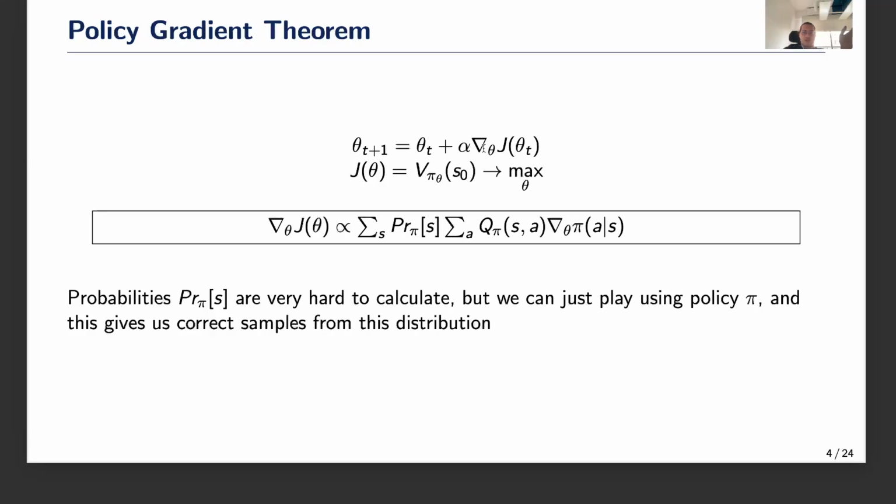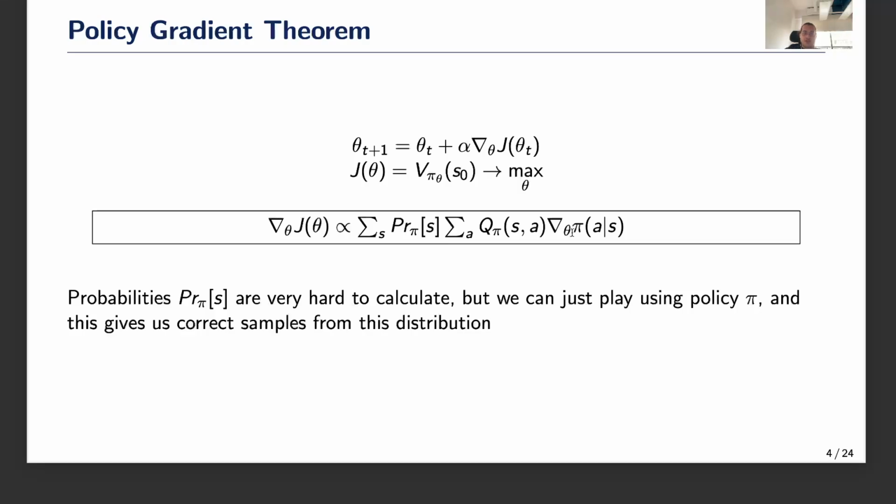And finally, this part gives us the sensitivity of the policy output with respect to its parameters. So, in simple terms, this expression tells us to increase the probability of the actions that lead to higher reward. And that's it. That's the core intuition.